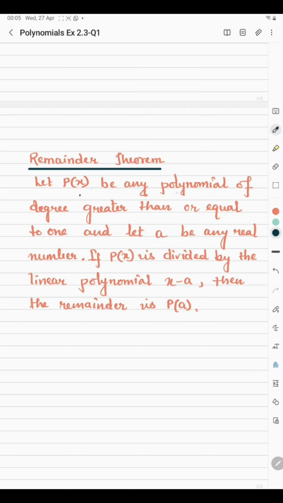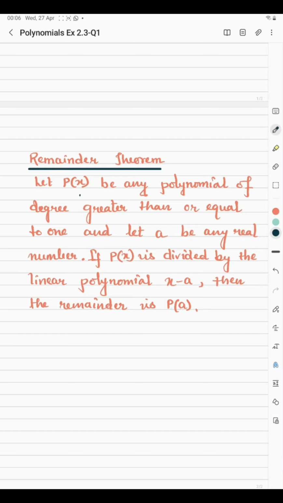Let P(x) be any polynomial of degree greater than or equal to 1. P(x) be any polynomial of degree means highest power, which will be greater than or equal to 1, and a be any real number. If P(x) is divided by the linear polynomial x minus a, then the remainder is P(a).